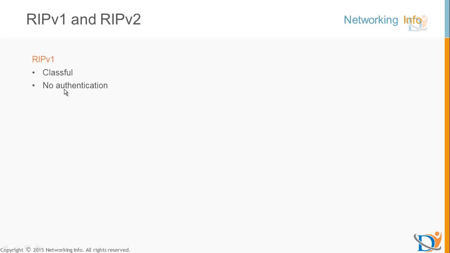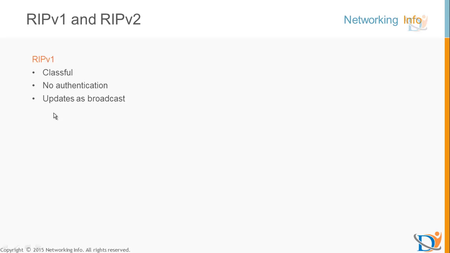Whatever subnet mask we configure manually, they do not advertise that subnet mask in their routing updates. So whoever the neighbor is, if they get the update, they are not aware of what exact subnet mask we have. This is classful, and that's why it's not a scalable protocol and does not provide any authentication.